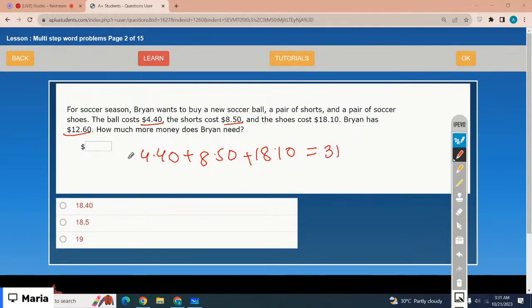Now he has 12.60. Just subtract 12.60 out of 31 and see how much more he needs. So 31 minus 12.60 is 18.4. That means he still needs 18.40 to buy all these things. So the correct option is 18.40. Got it? That is option number 1.